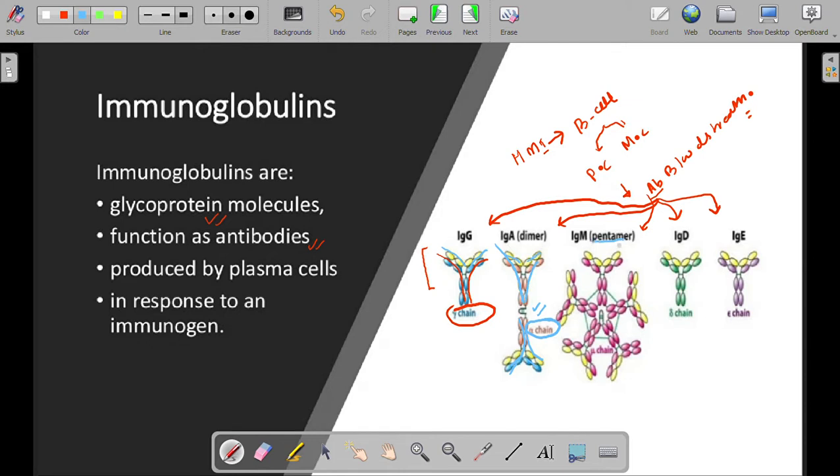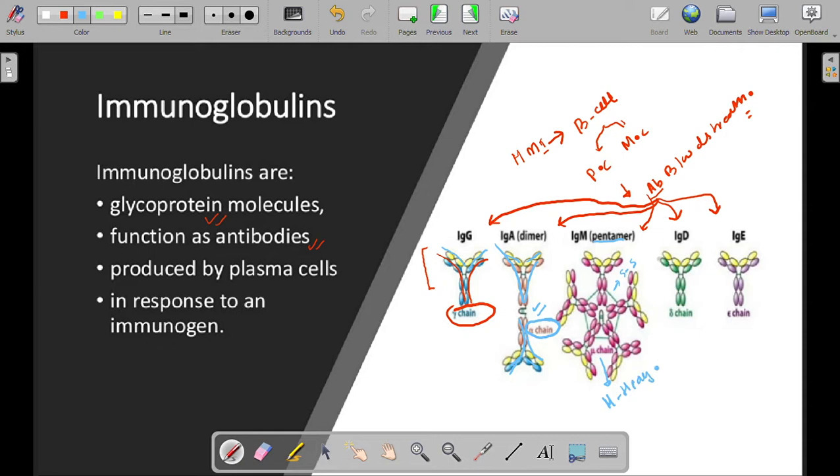IgM antibody is very unique in nature because it has a pentameric structure, and these pentameric structures are connected with the help of disulfide bonds, and it contains the mu heavy chain.